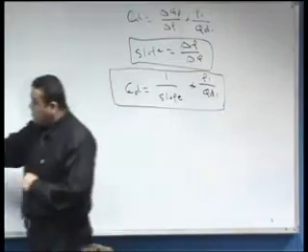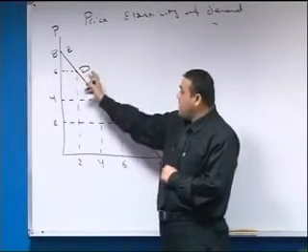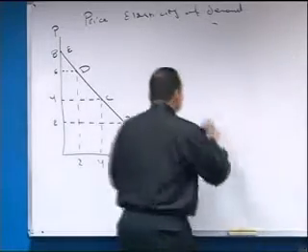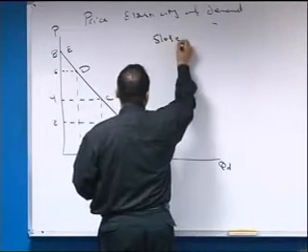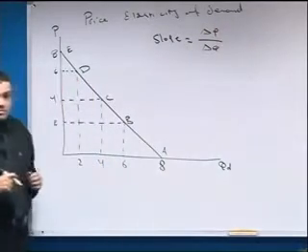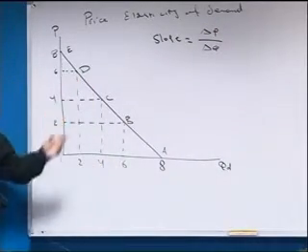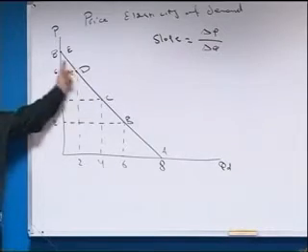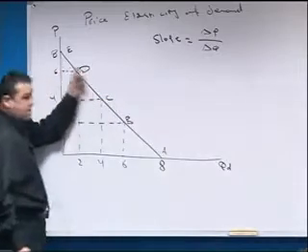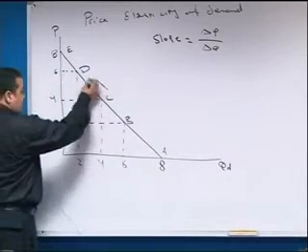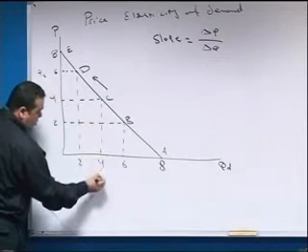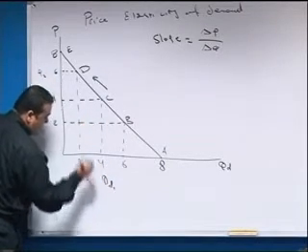To calculate the slope between any two points, the slope equals delta P over delta Q. Suppose that we are going to calculate the slope between D and C, or C and D. This is P1, P2, QD1, QD2.